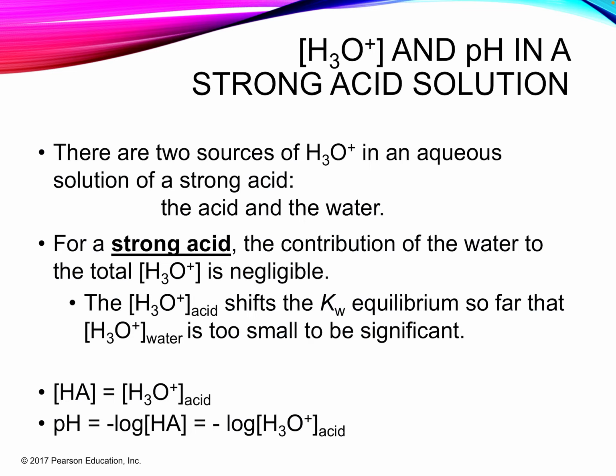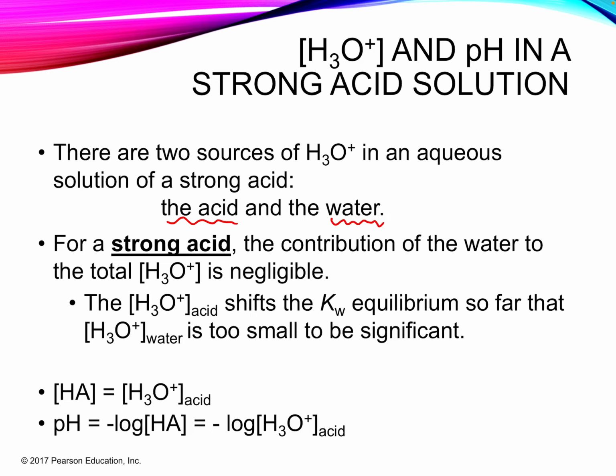So if you'll recall from earlier, we were talking about the fact that water will ionize with itself. So 2 water molecules can react and they'll produce some OH- and some H3O+. So in reality, when we put that strong acid in the water, we have some H3O+ coming from the acid, but some also coming from the water reacting with itself, okay?